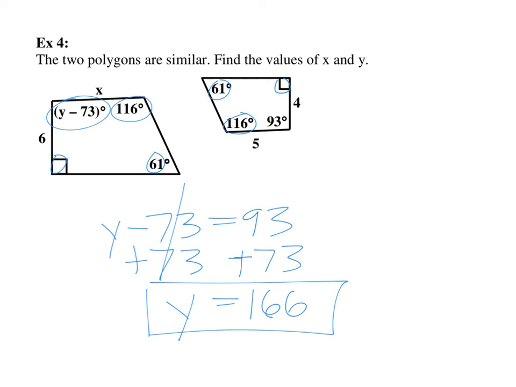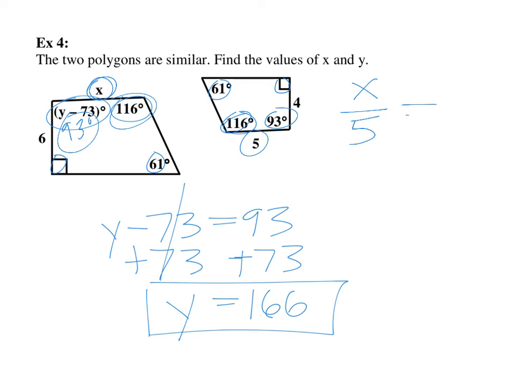Done with that. How about to figure out x? This is my 93 degree angle here. So I have 93 and 116, and x is that side length that touches both of those angles. So 93, 116, 5. Here I have x over 5.